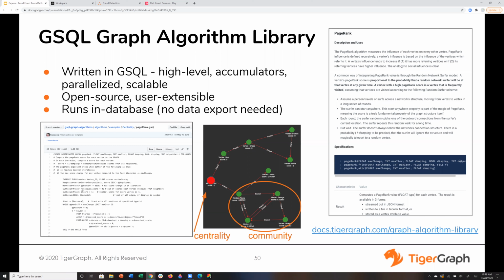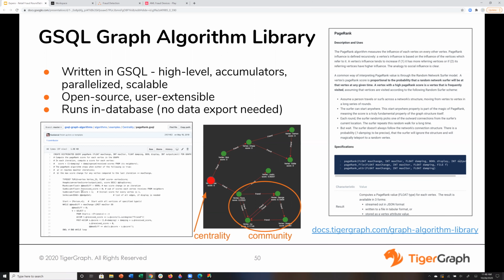You can adjust them, add parameters, modify the output slightly, add some conditions to do exactly what you want. And they perform particularly well because of the way the TigerGraph engine is written and the way the GSQL language coordinates with the engine to give you high performance, parallel, scalable performance with accumulators, which, without getting into a lot of detail, any statistical work is going to want to use, and they are a built-in feature in TigerGraph.